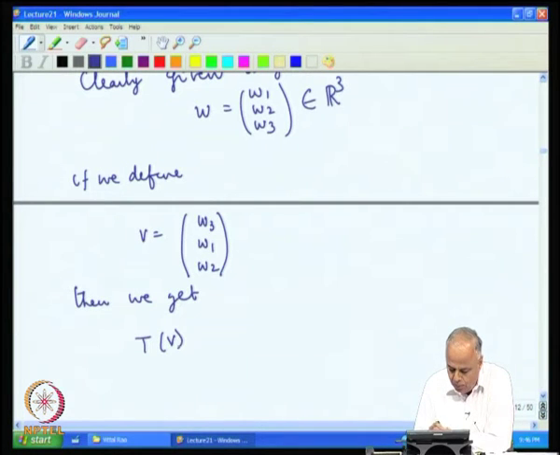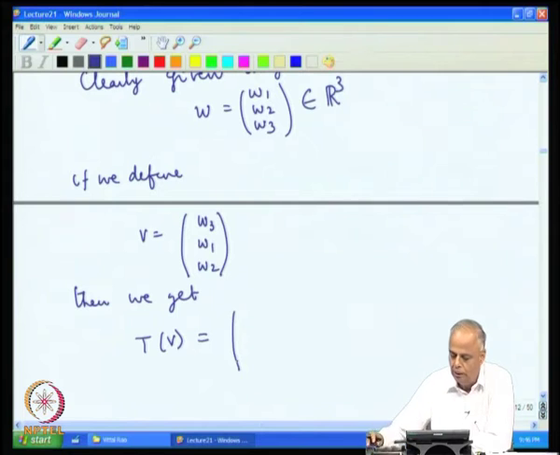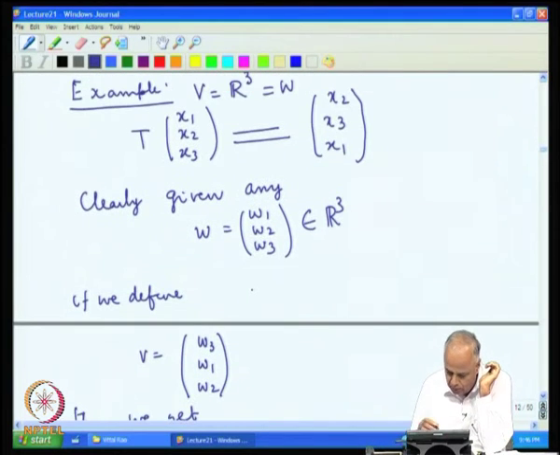What does T do? It permutes the components of v in an order. Let us check very carefully.